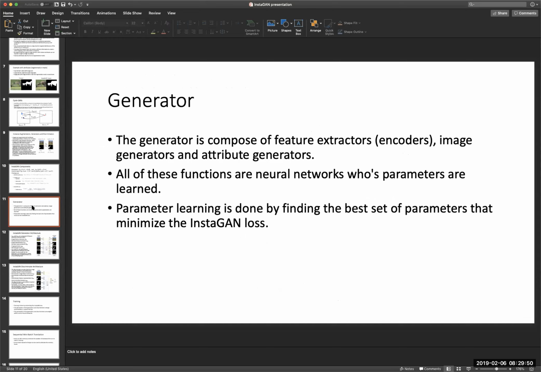So the generator, we'll go through the details of the architecture of this generator, but just a high-level overview is that the generator is composed of feature extractors, or sometimes they're referred to as encoders. There's also image generators and attribute generators.